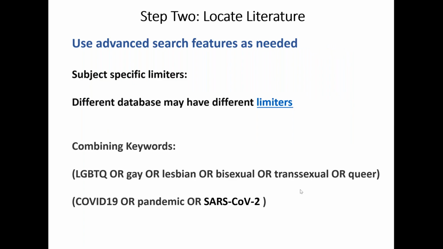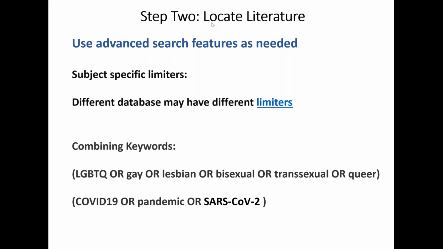All right. So as you're locating literature in the databases or Google Scholar, whatever, usually with databases, again, you can use those subject-specific limiters. Another advanced search feature that you can use is combining keywords. So, for example, if you were looking at a specific population, like let's say it was the LGBTQ population, you can definitely put LGBTQ as a keyword, and you will get results.